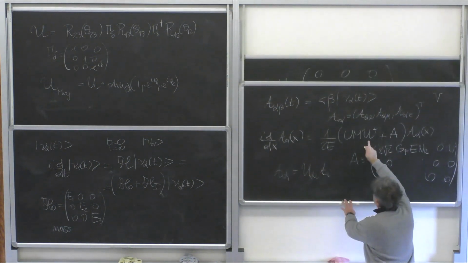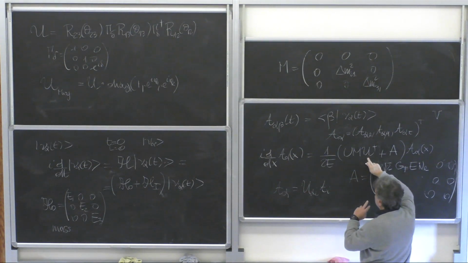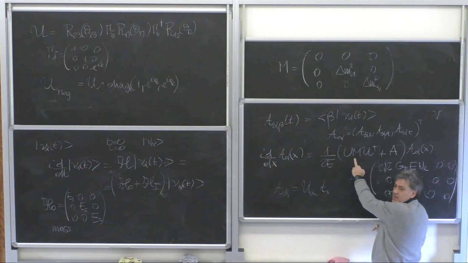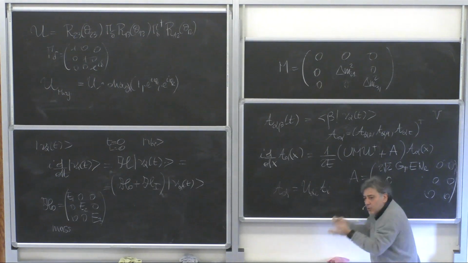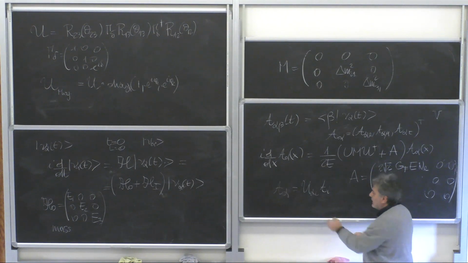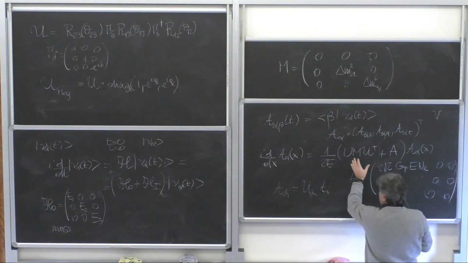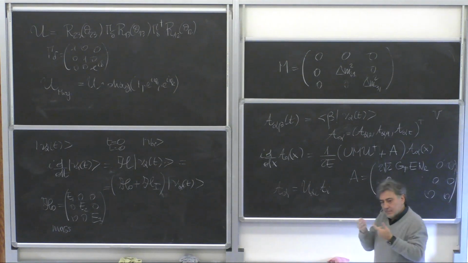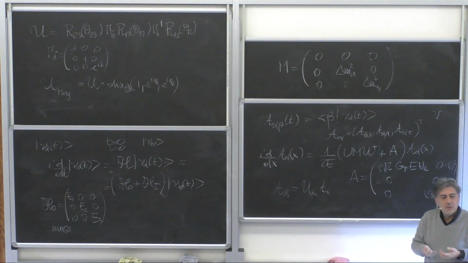Then there is the diagonal evolution of the mass eigenstates, and then you go back to the flavor states, another U. So this term comes from the non-diagonal evolution of neutrino flavor eigenstates.